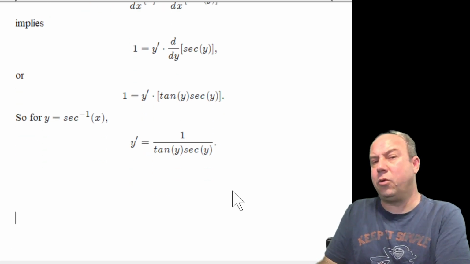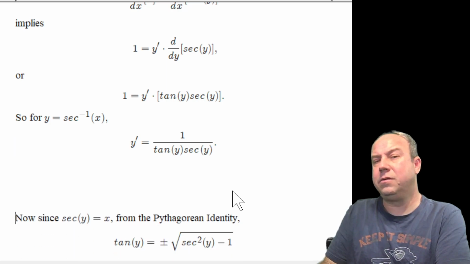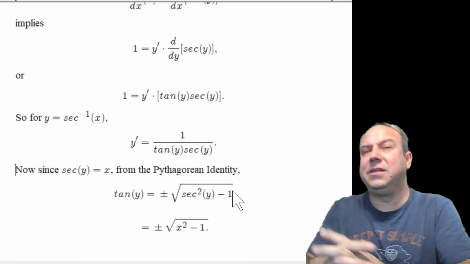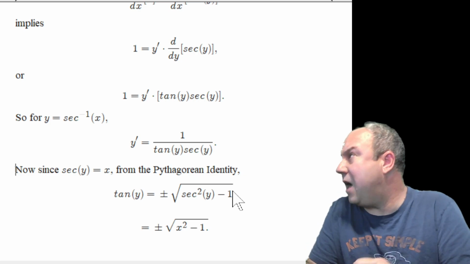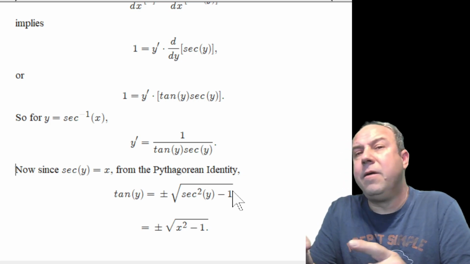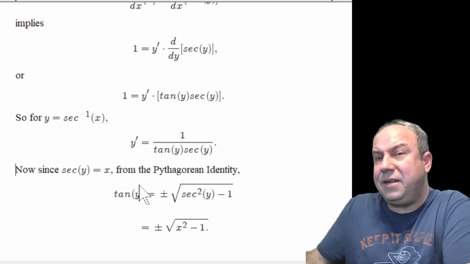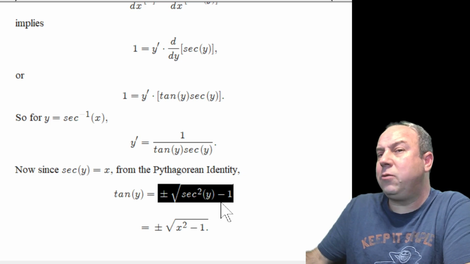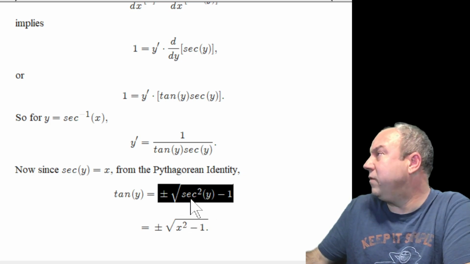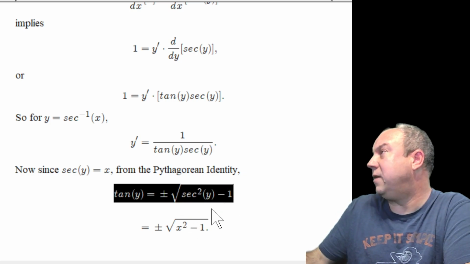And furthermore, since the secant of y is equivalent to the value of x, from the Pythagorean identity, we are able to say that the tangent of y must be equal to plus or minus the square root of the secant squared y minus 1.